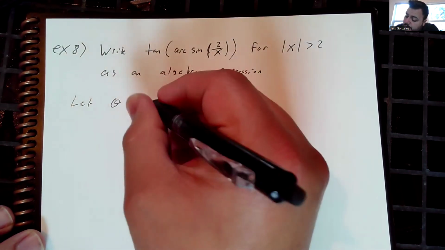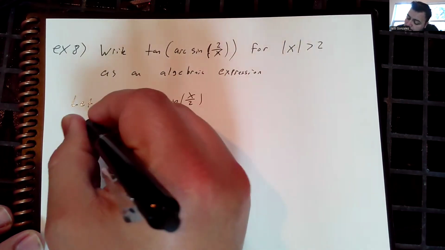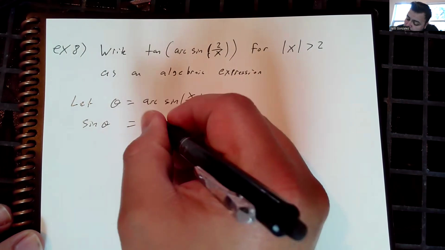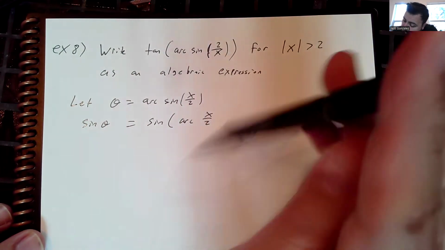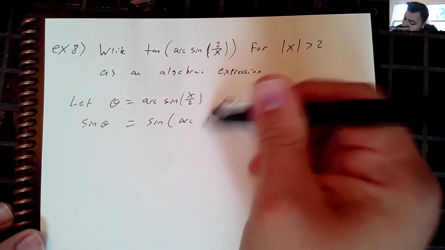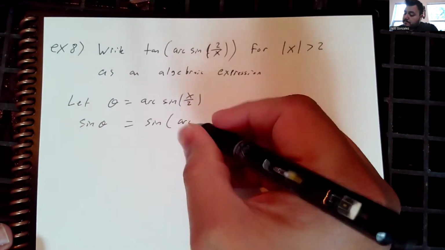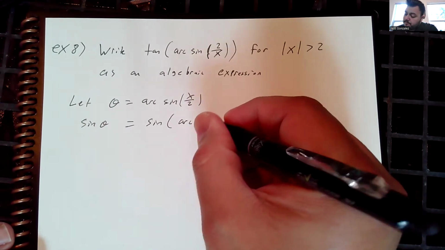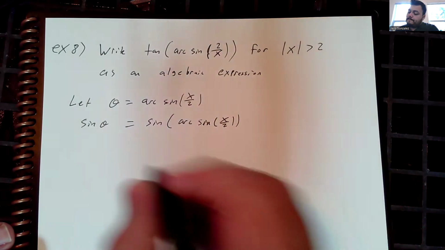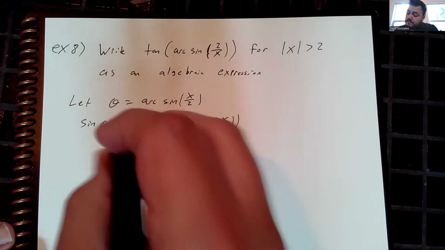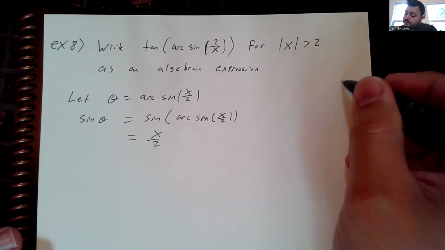Let theta equal arcsine of x over 2. You could think of it this time as sine of both sides for no reason. So sine theta is equal to x over 2.